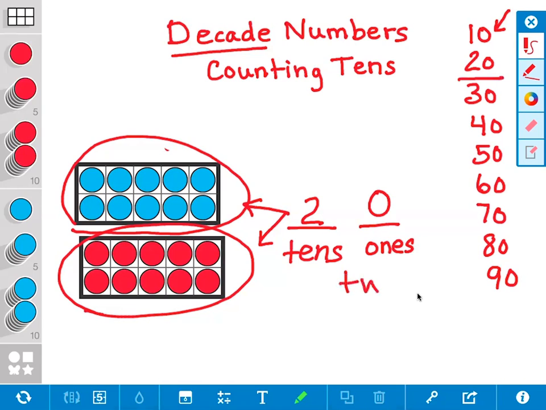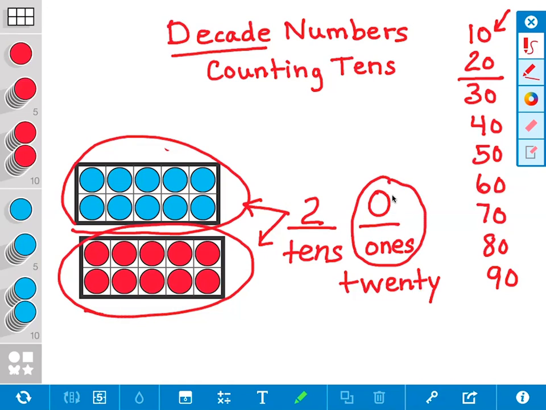That is a decade number. Decade number is the fancy word, but it's our 10 number. But what you need to know is when you have 10, 20, 30, 40, 50, 60, 70, 80, 90, you're never going to have any ones. That spot is always going to be 0. It's 2 groups of 10.